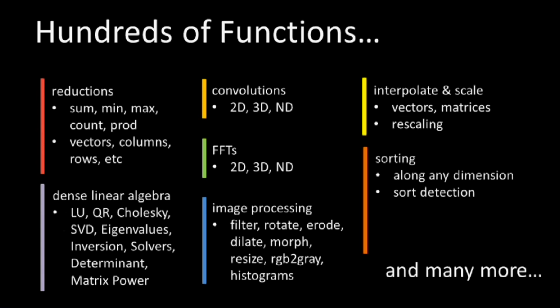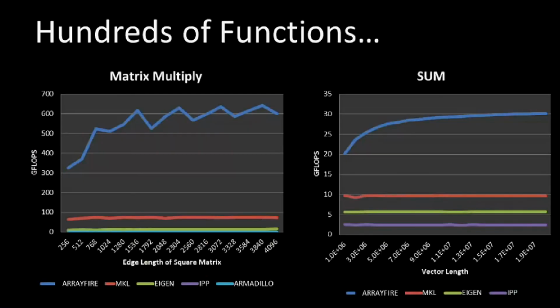It's the most comprehensive GPU library currently in the market. Everything from reductions to convolutions to linear algebra, image processing, just about every function that is in demand right now in the market, ArrayFire supports. And we'll be getting into some more examples later on during the webinar where you can learn more about how ArrayFire, and specifically ArrayFire Fortran, can help you in your application.